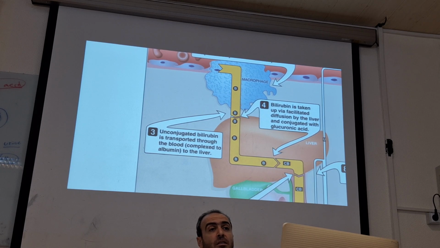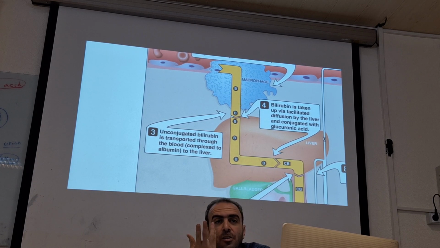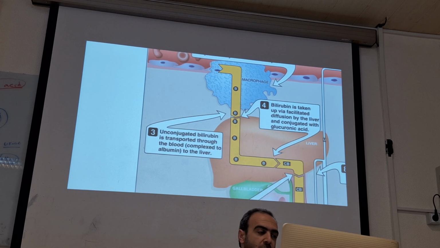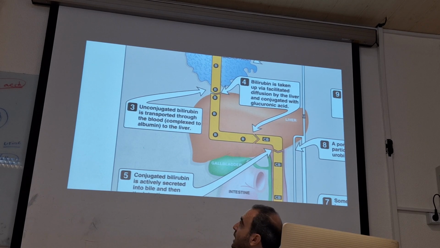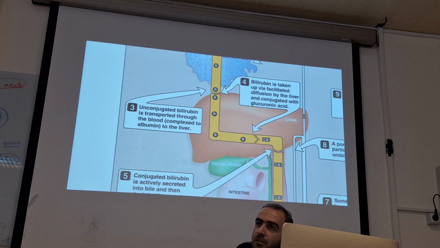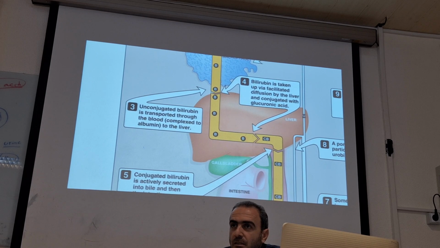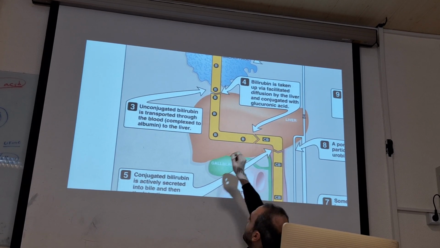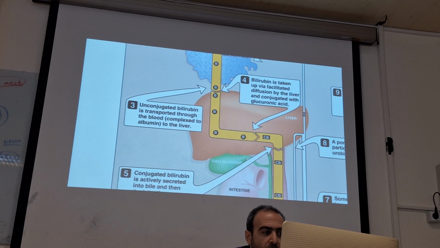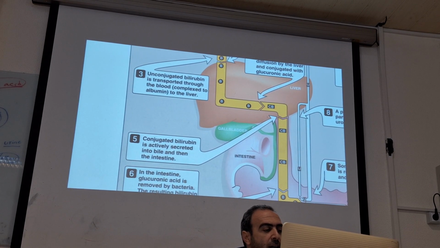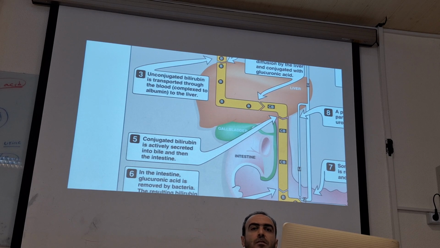This bilirubin is known as unconjugated, or indirect, bilirubin, the first bilirubin. In the liver, we add glucuronic acid and produce conjugated bilirubin, CB. Then CB is sent to the gallbladder and to the intestine, because bilirubin is a part of bile.